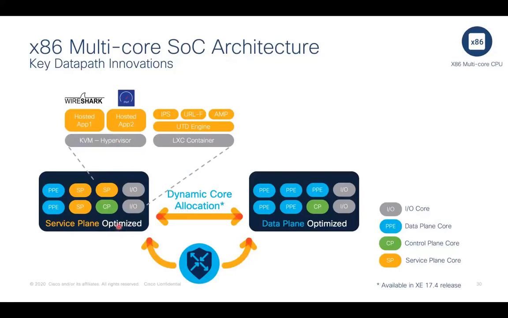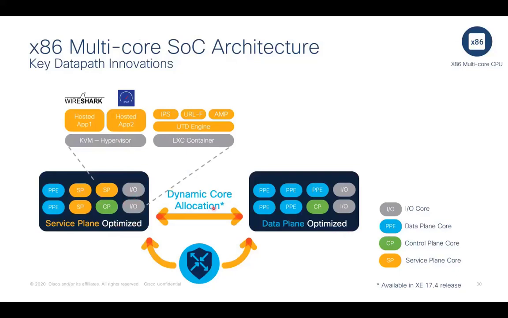But there can be a situation where, from my use case point of view, I'm getting these services done, say for example in Umbrella Cloud via SIG termination, and I may not want to host the local services. In that case, I can surely get the service cores realigned as data path cores in data plane optimized mode.